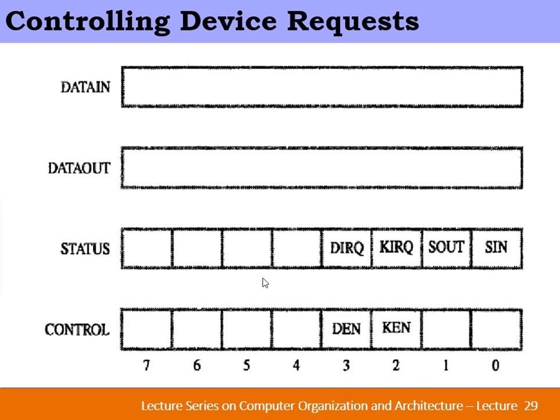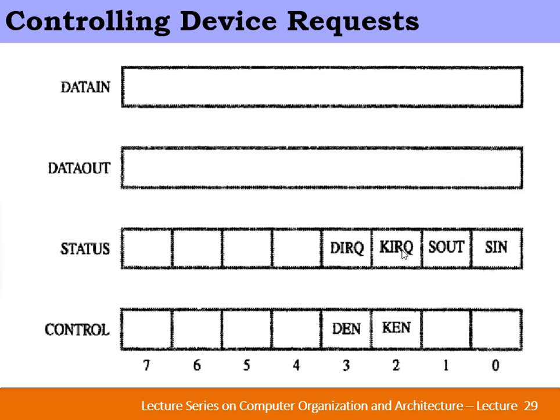The SIN and SOUT flags are with respect to keyboard and display device. If the particular bit is equal to 1, it indicates that the device is ready for data transfer. KIRQ and DIRQ are the two bits relevant to keyboard and display device.